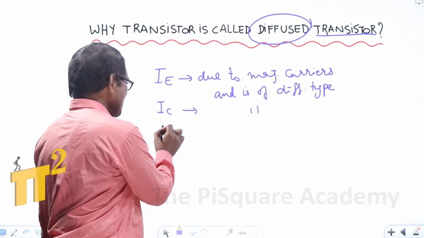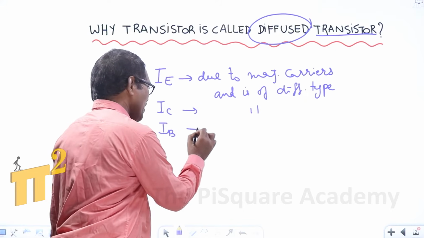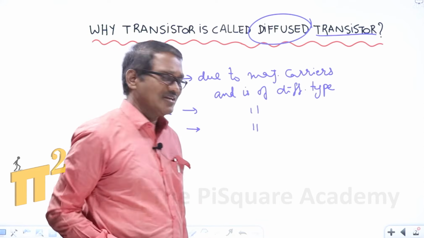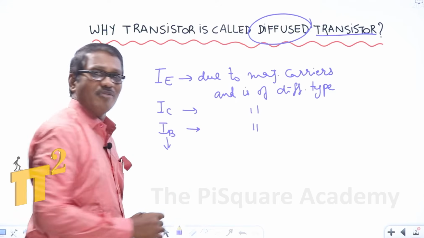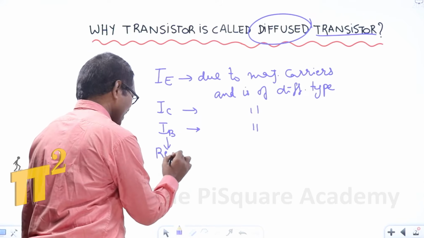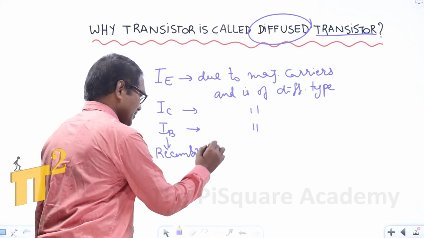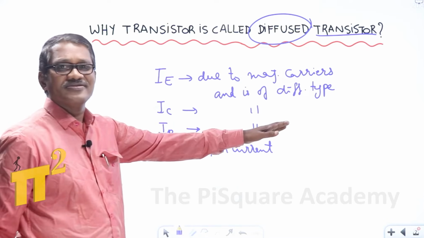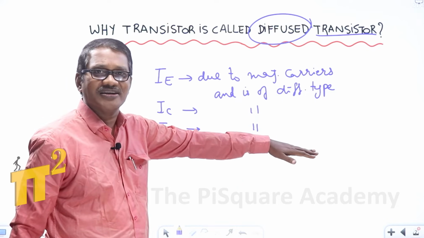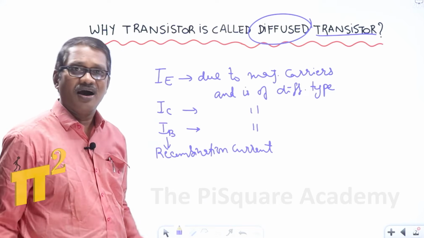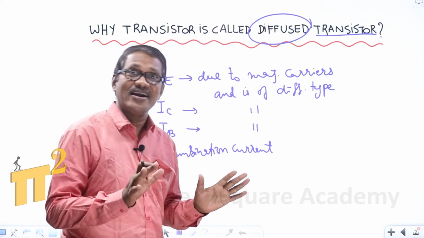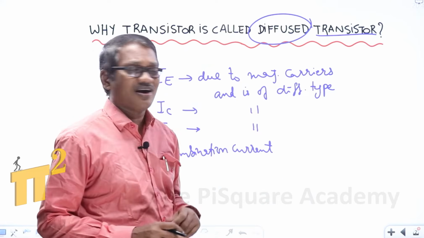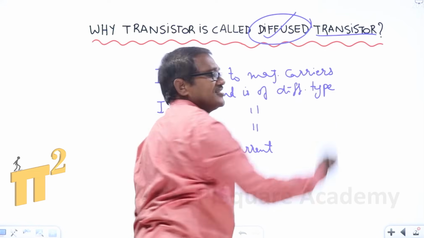And the base current IB is also due to majority charge carriers and is of diffusion type. Have you understood this? This base current is also known as recombination current. So all three major current components, IE, IC and IB, are due to majority charge carriers and are of diffusion type. That is the reason why a transistor is called a diffused transistor.